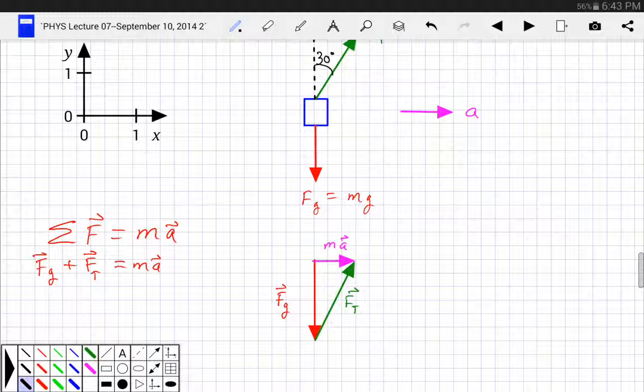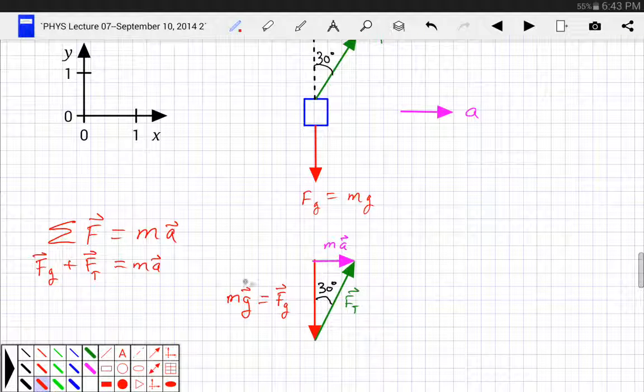Now recall, we know this angle is 30 degrees. We also know the magnitude of this side here, mg vector, is the force of gravity. So we have the magnitude here, we have the magnitude here. Opposite side, adjacent side.